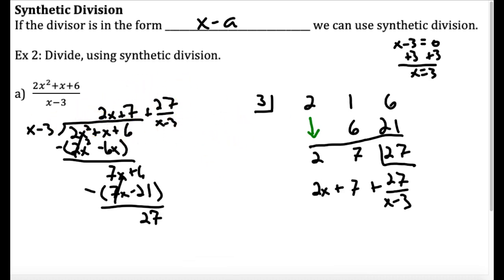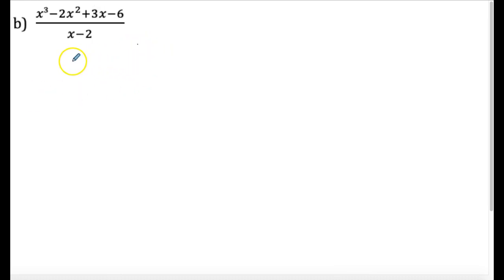All right. Let's take a look at another example here. So on this one, my divisor up here would just be 2, right? The solution to the factor of x minus 2. And then I list out my coefficients of my dividend. So 1, negative 2, 3, negative 6.